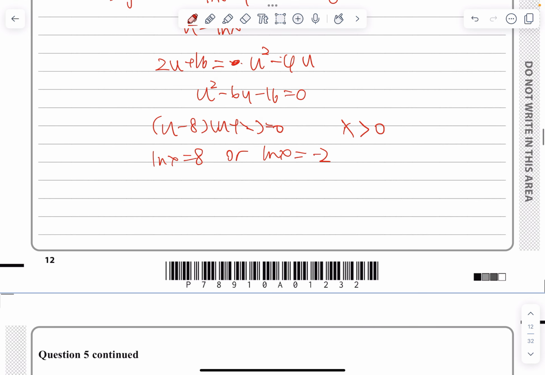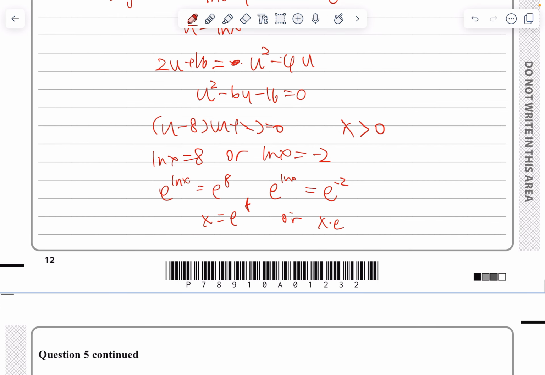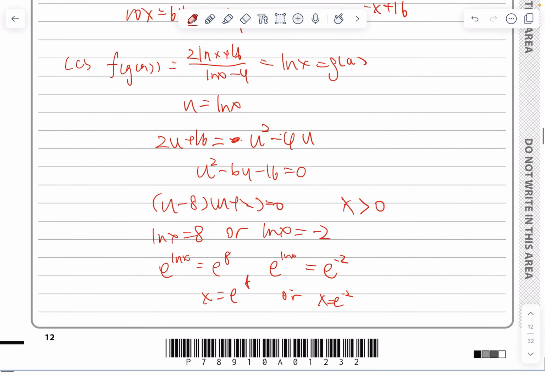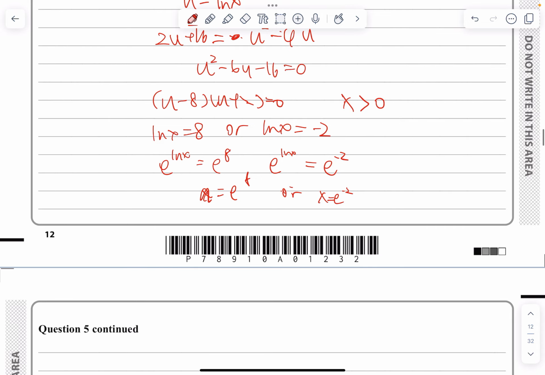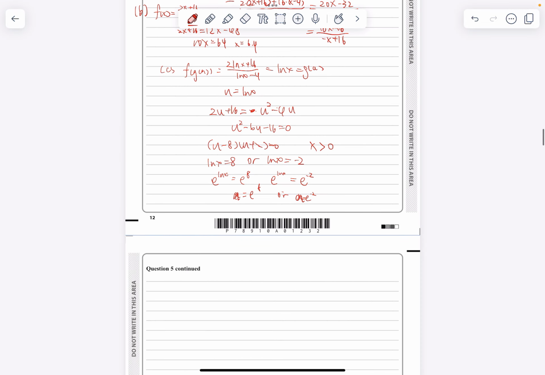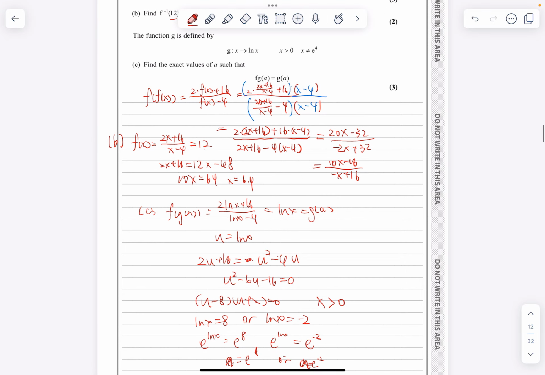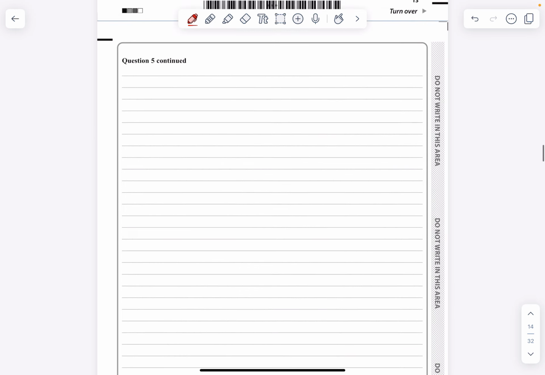That is useless. We take e to the power of on both sides. I misread it. My bad. So we have x equals e^8 or x equals e^(-2). Okay, I should actually write a for x. Whatever. I did a poor job explaining this.